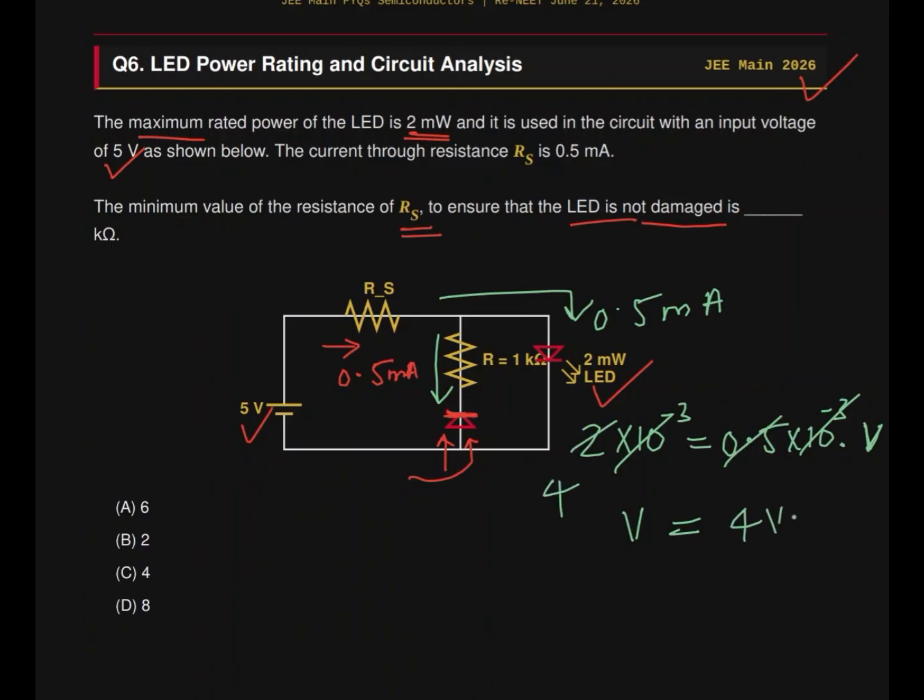This will be 4 volts. So we have a drop of 4 volts across this diode. So 5 volts minus 4 volts, we have 1 volt across this, right?